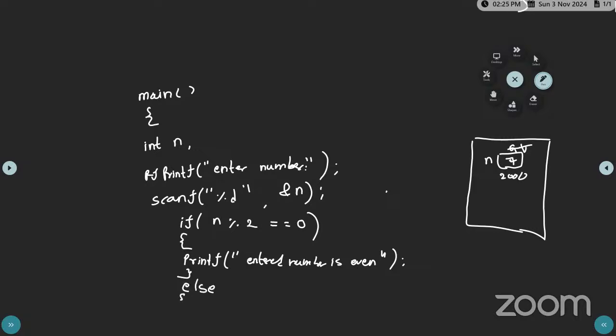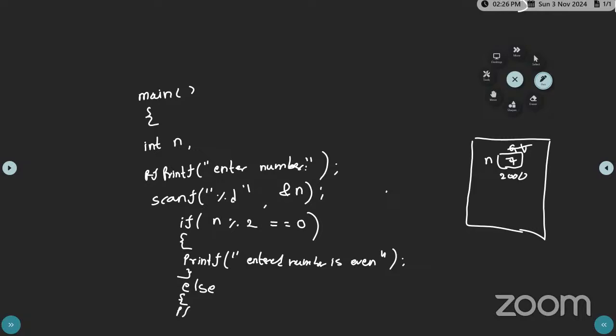Else. Suppose if the condition is true, the if block will be executing. Else block will not execute. When will the else block be executed? When the if block is false. When the if block is false, then the else block will execute. So what is the printf?